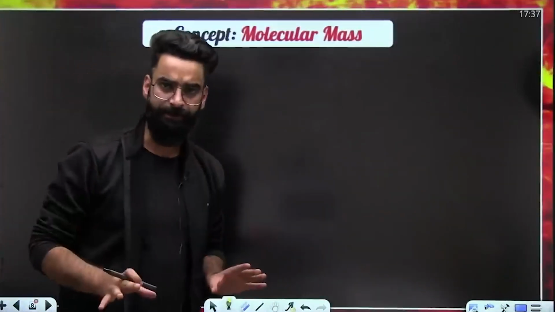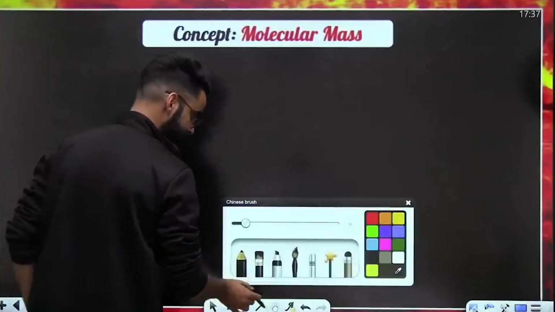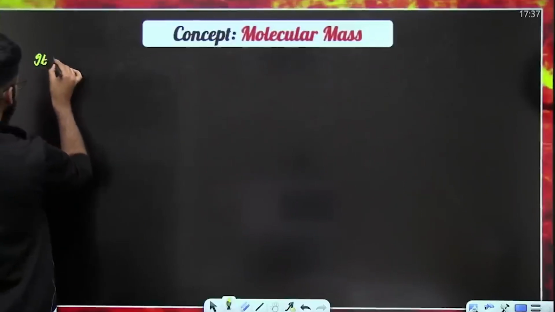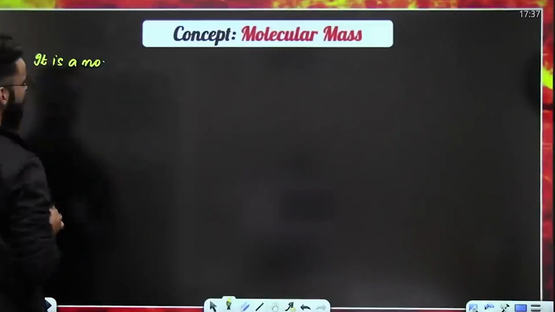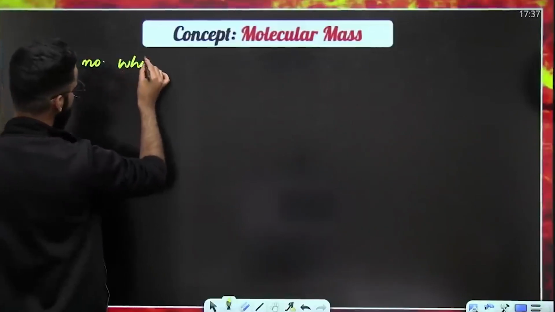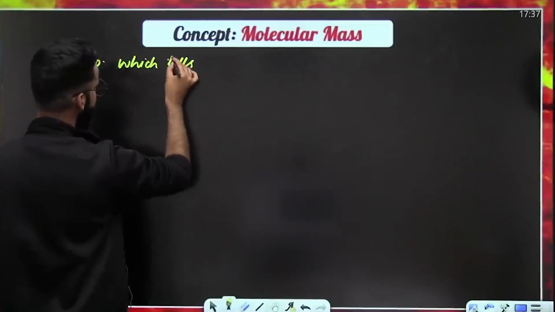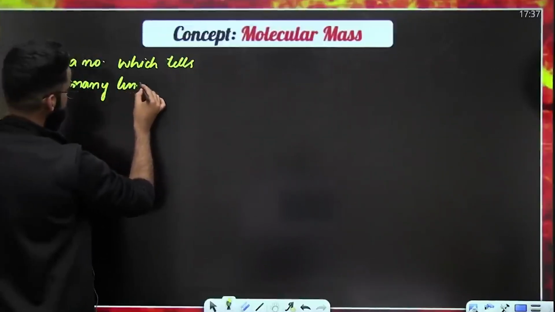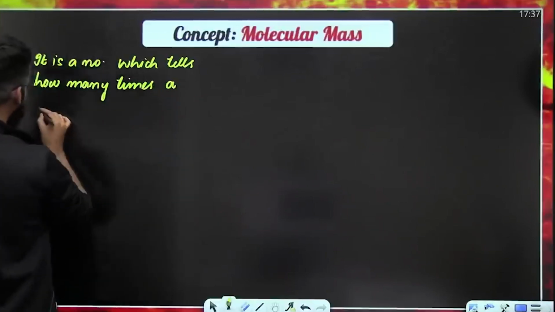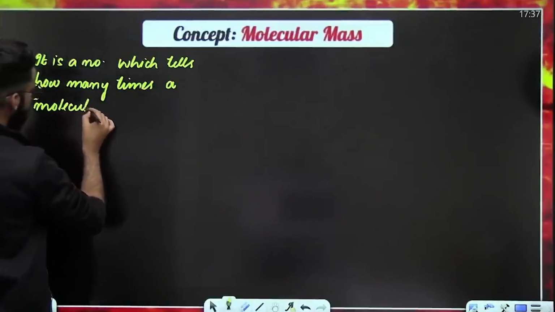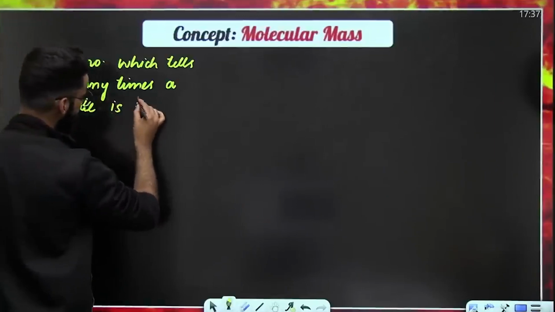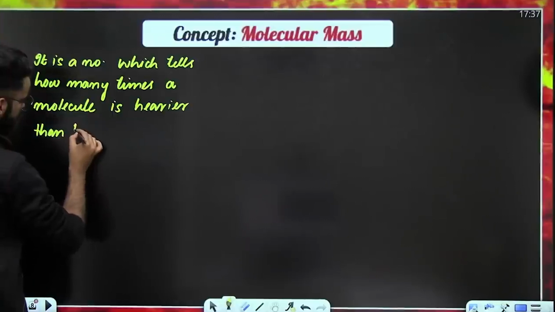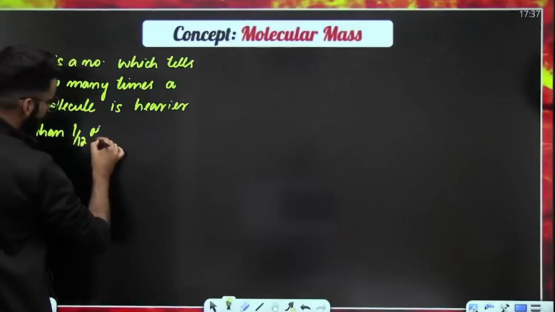If the term molecular mass is clear, that means we can write its actual definition now. Can I say molecular mass is a number which tells how many times a molecule is heavier than 1/12 of the mass of carbon 12 atom?